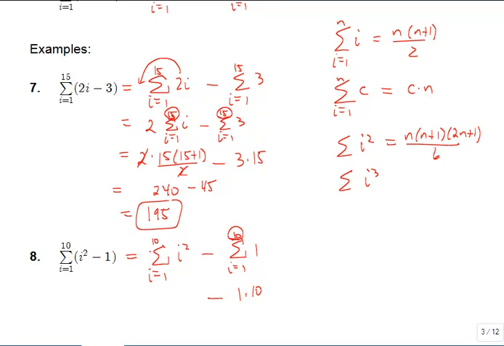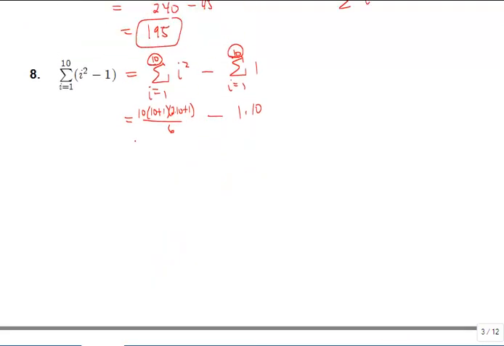So on this problem, our n is 10. So this is going to be 10 times 10 plus 1 times 2 times 10 plus 1 all over 6. So that's going to be 10 times 11 times 21 all over 6, and 1 times 10 will just be 10. And if I simplify here a little bit, this whole fraction is 385. So when I subtract 10 from that, I get 375.